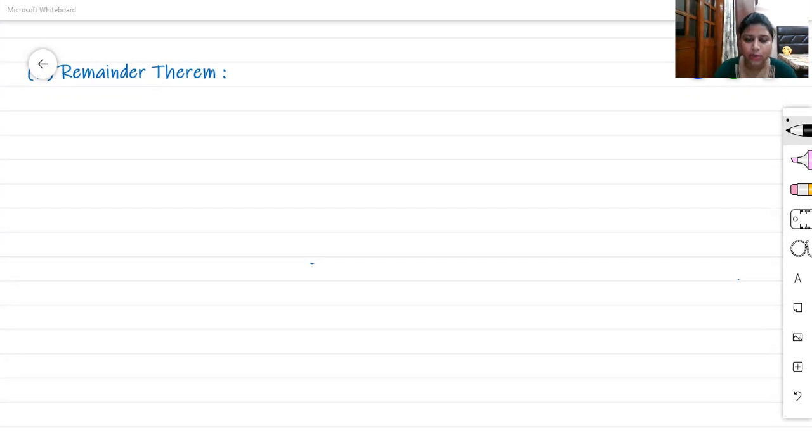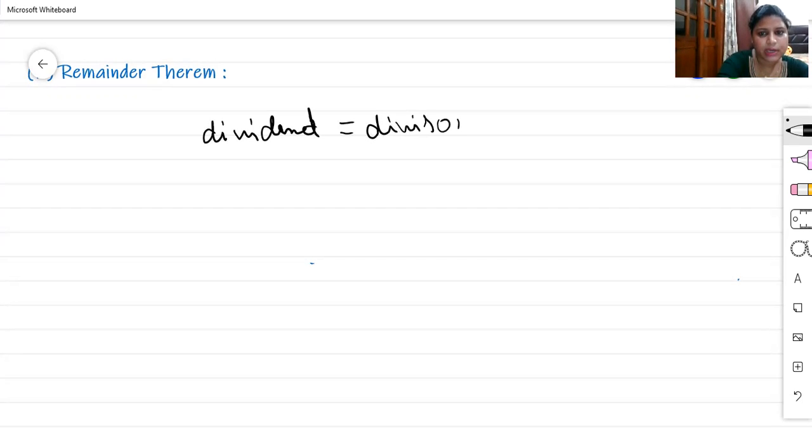Suppose this polynomial p(x) is divided by x minus a, the quotient is q(x) and the remainder is r(x). Then we know the relation: dividend equals divisor into quotient plus remainder.